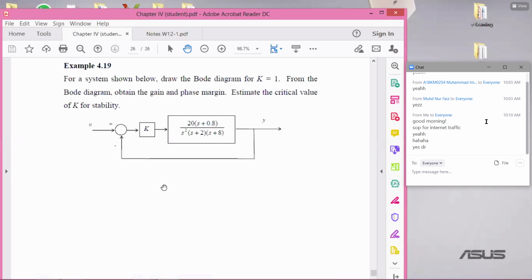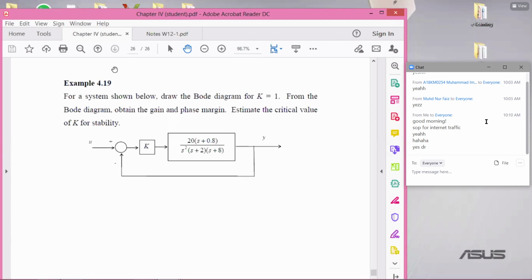It is just yesterday that we talked about the Nyquist diagram and how we can compute the gain margin and the phase margin from it. If we waited until maybe next week, you probably would have forgotten all about it. This is the perfect time for us to jump to example 419.